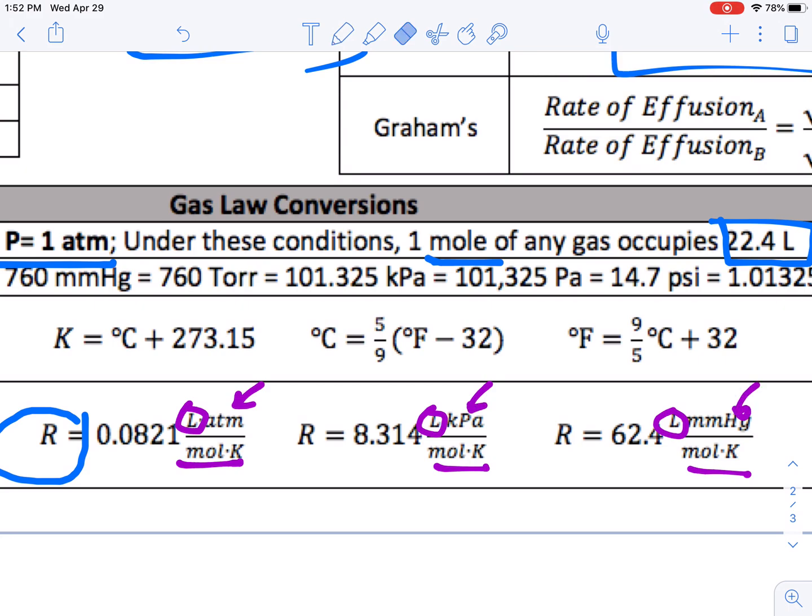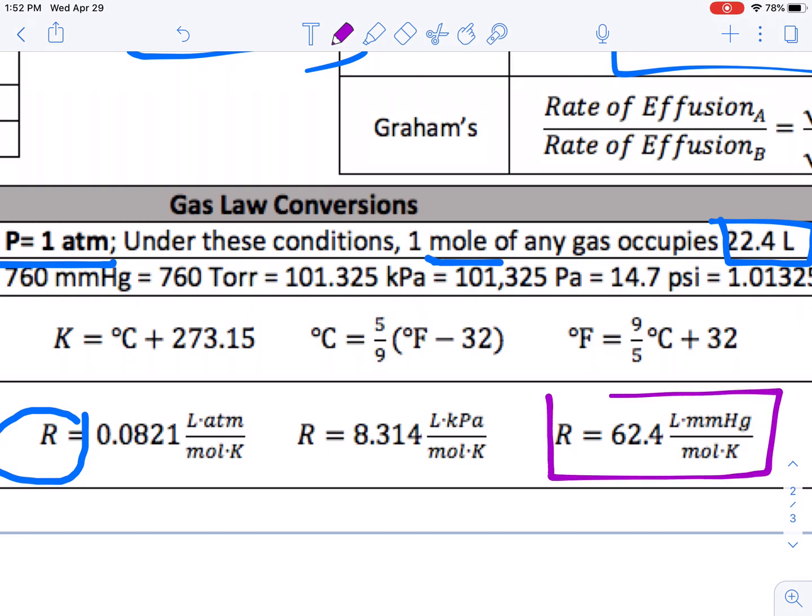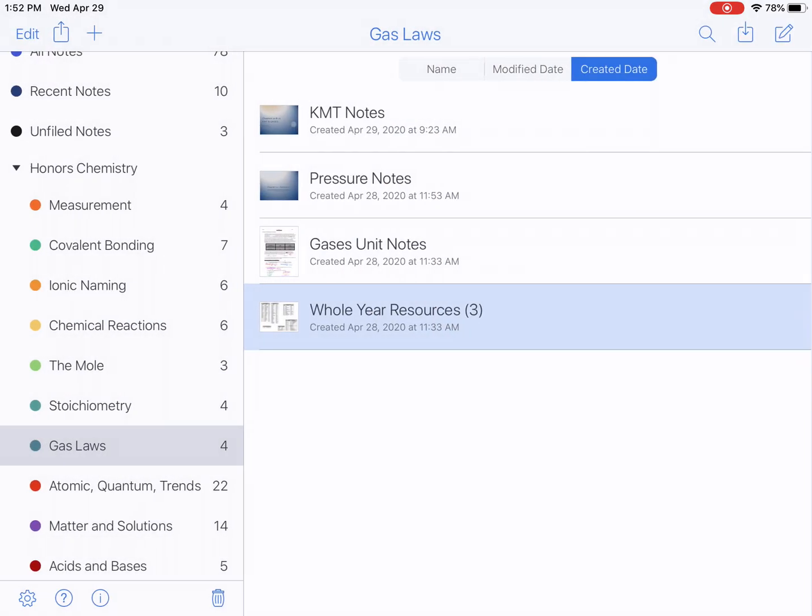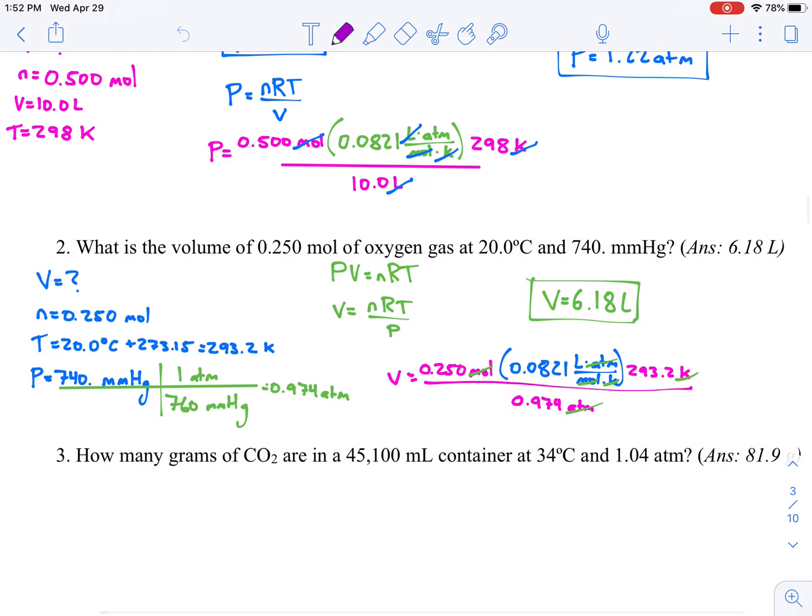So basically we have 3 different R values that will allow you to use, and they all have different units of pressure. So we can make our lives easier by selecting this R value that already has mmHg because our unit is given in mmHg. So it's 62.4, right? You don't need to show both ways, I'm just showing you how you could have done this.